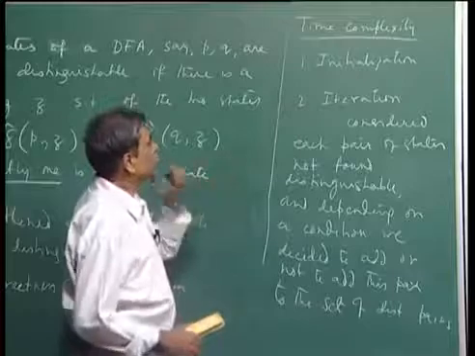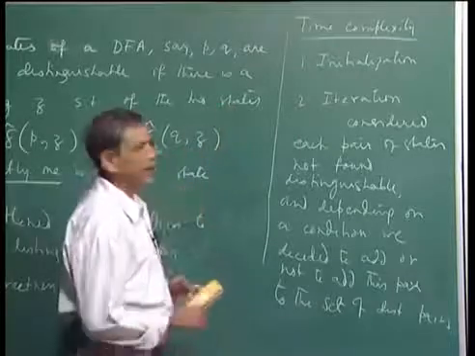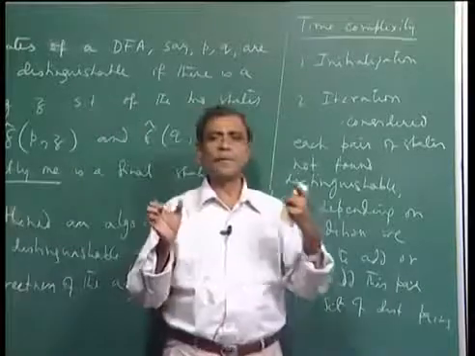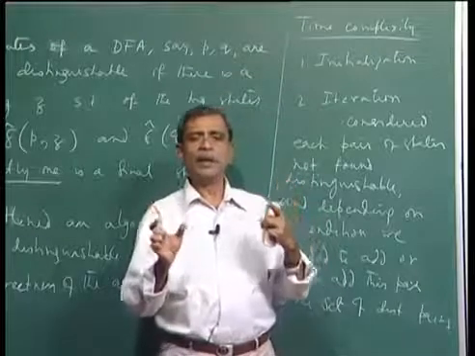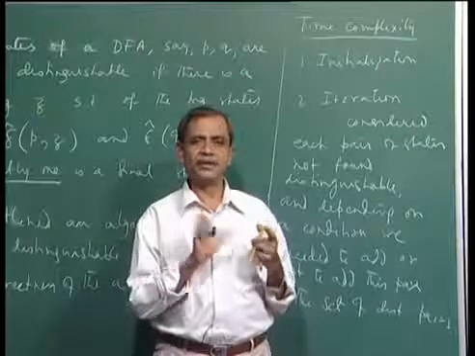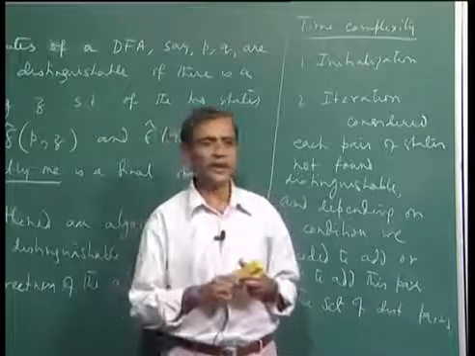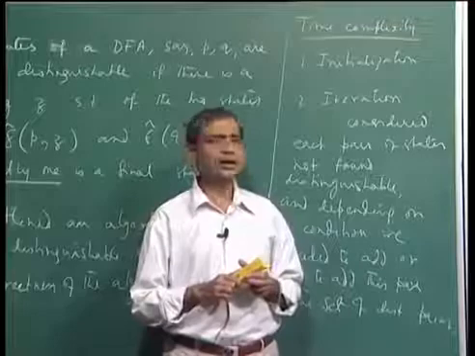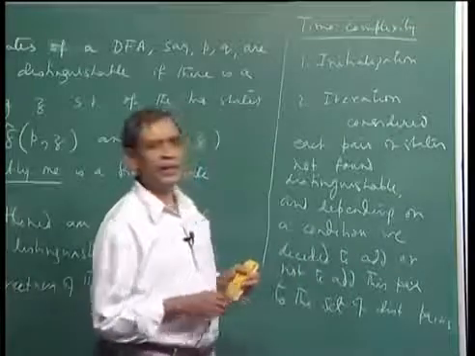Without going into the details, we can see this. The initial phase, what did we do? We took every pair in which one state is a final state and the other state is a non-final state. And how many such pairs can be there?